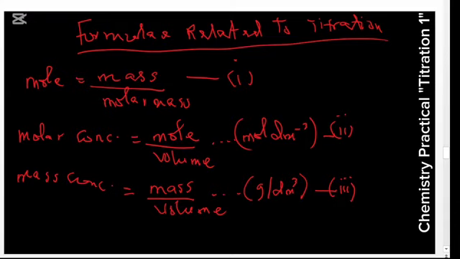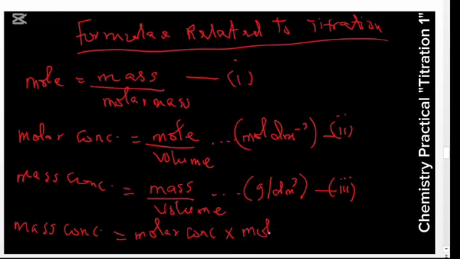Now, there is a formula that relates molar concentration and mass concentration, and that is mass concentration is equal to molar concentration times molar mass. This is equation 4. Okay.